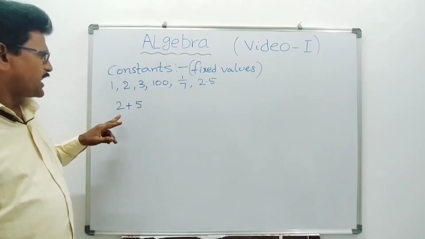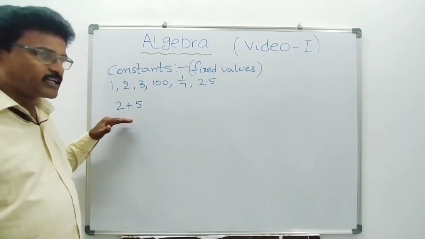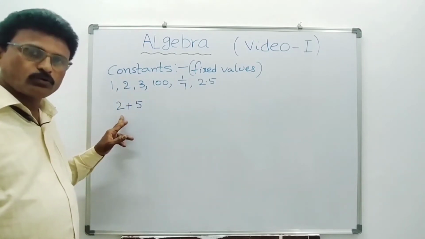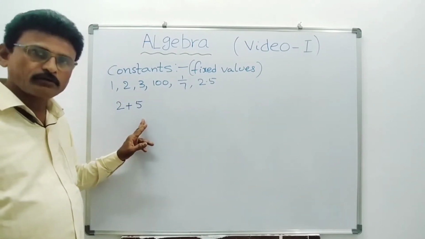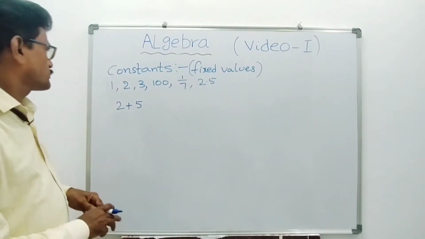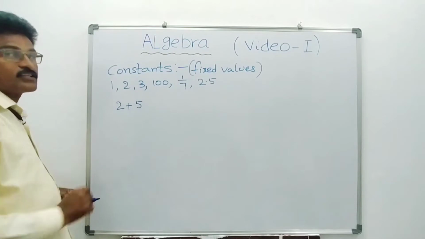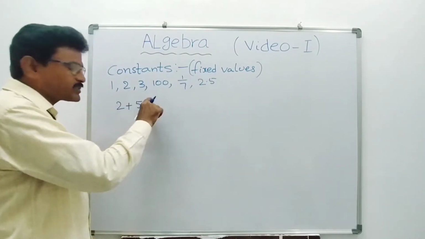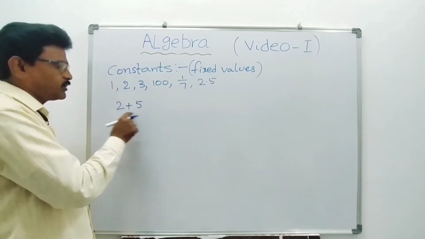Actually, this numerical expression we can also write as a statement: 5 is added to 2, or 2 is added to 5. That is the statement. The statement we are using here with constant numbers is said to be an expression. Here only numbers we are using.